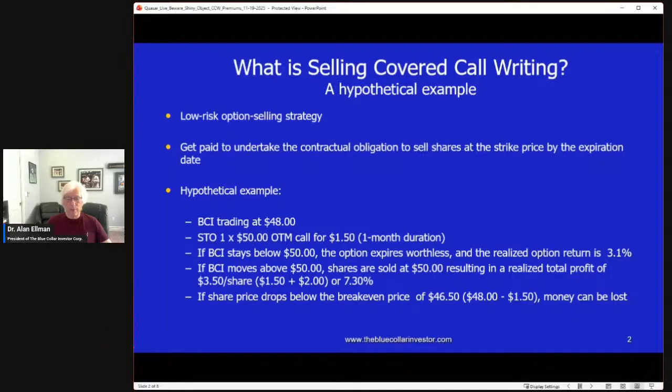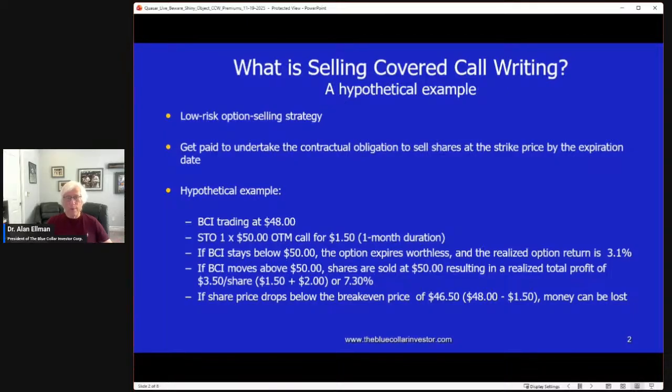It's not going to happen. So what happens in that case? The option expires worthless. We keep the $150 per contract. Now we still own the shares and we're free to sell another option in the next contract cycle. What's the return? $150 on a cost basis of $4,800, 3.1%.